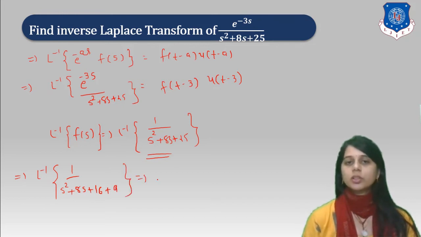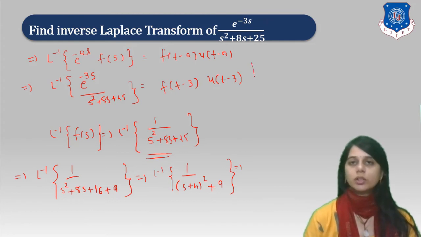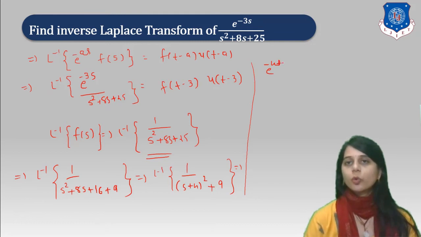So it gives Laplace inverse of 1 upon (s plus 4) whole square plus 9, and the inverse of this is e raised to minus 4t divided by 3 sin 3t.